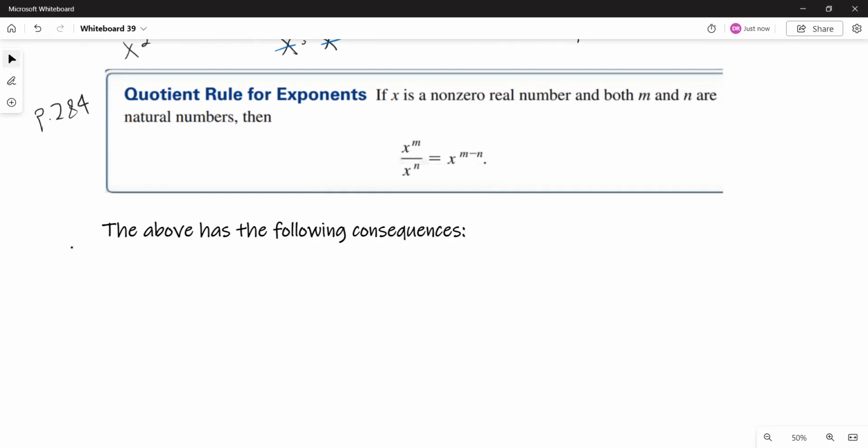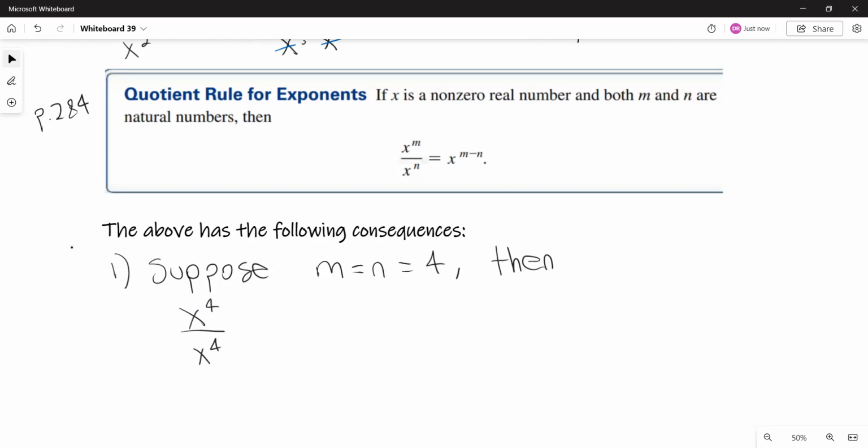So let's suppose that m and n are 4. Then from the quotient rule, you know that this is x to the 4 minus 4, or x to the 0 power.